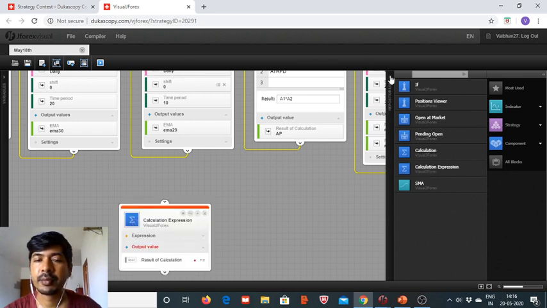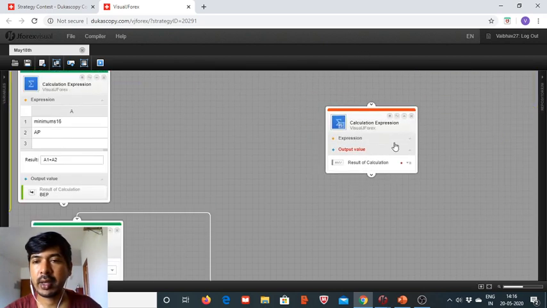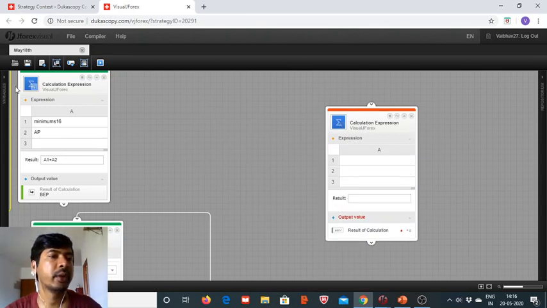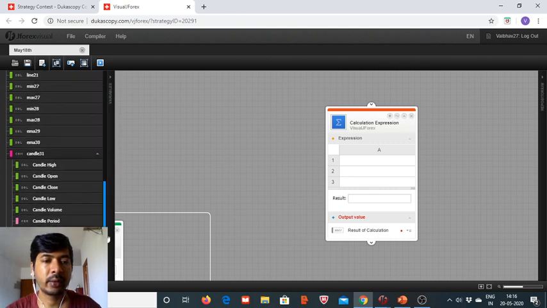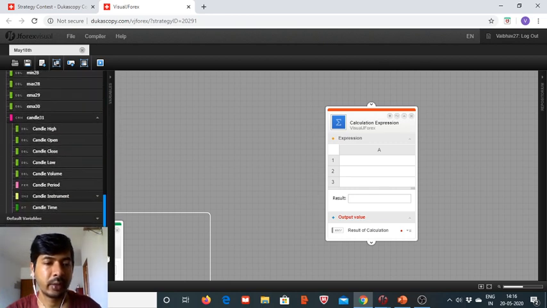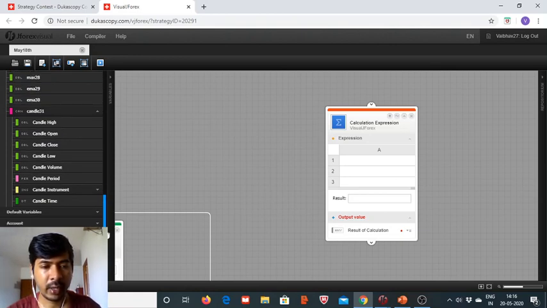Now for order validity time we need to do the last tick time, and then we need to add 3.6 million ticks. That's for 1 hour, and then if we multiply it by 2, we get the order validity of 2 hours.